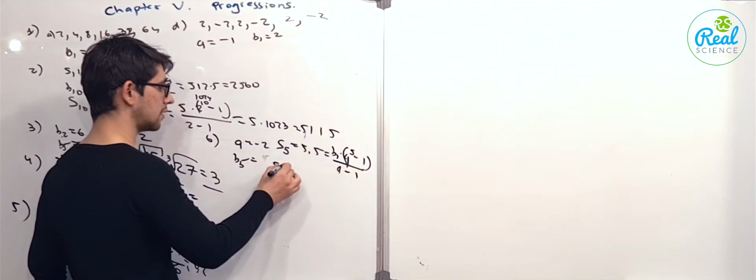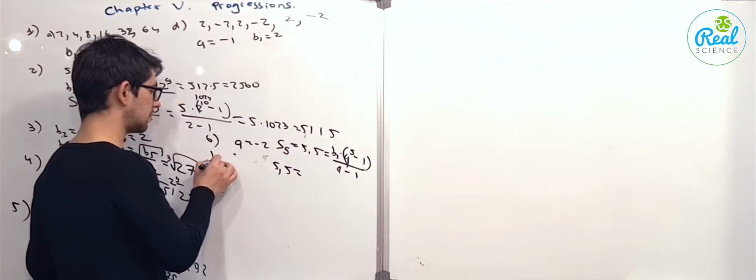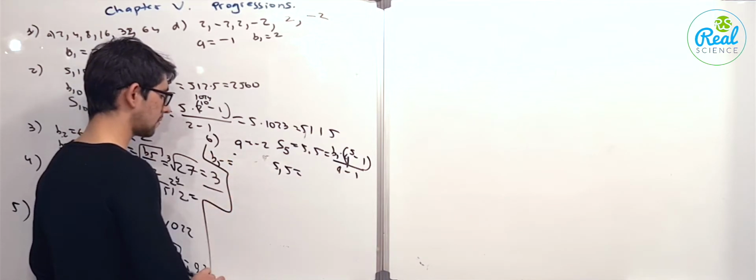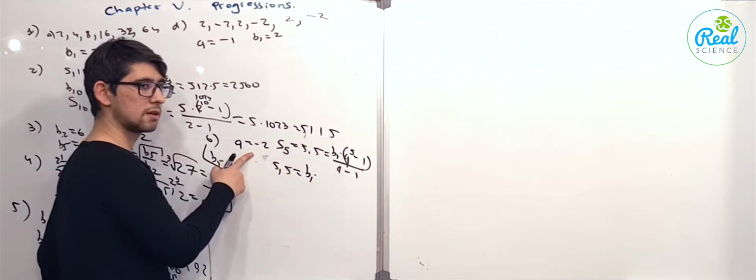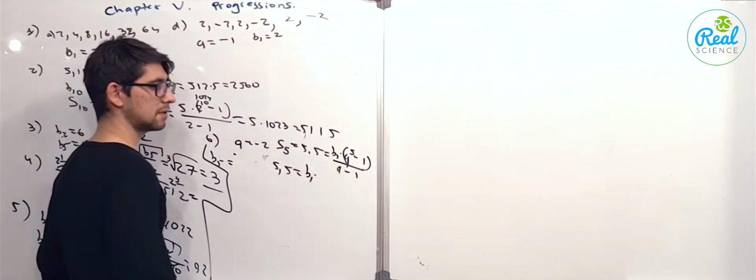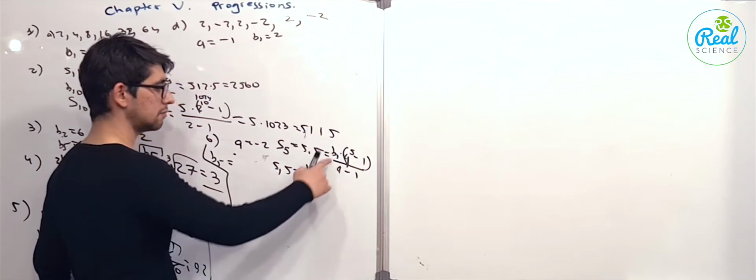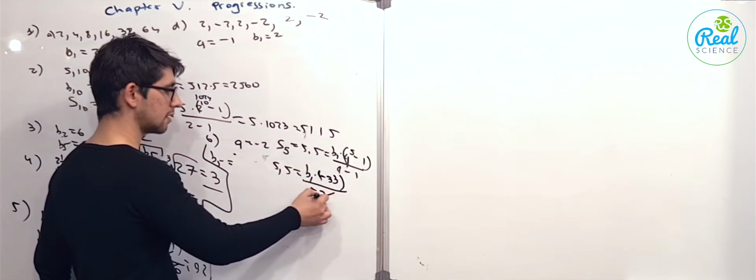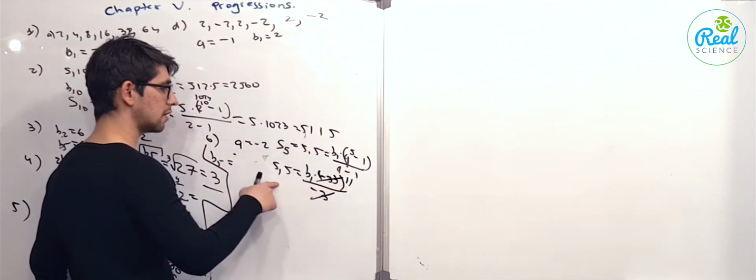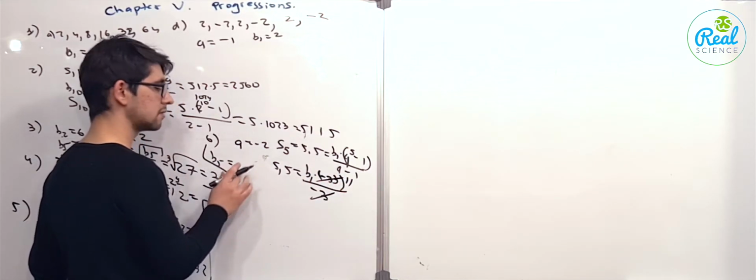And here 5.5 equals B1 multiplied by, what is your Q? -2. -2 to the power of 5 is -32, minus 1, -33. Divided by -2 minus 1, -3, and you face cancellation, 11. If you divide 5.5 by 11, you get?